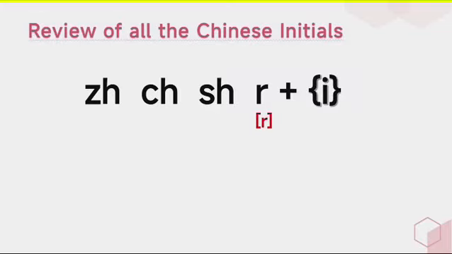Although there is a similar sound as r in English, they are slightly different. In English, there is a hidden vowel u, while in Chinese, there is a hidden vowel e.